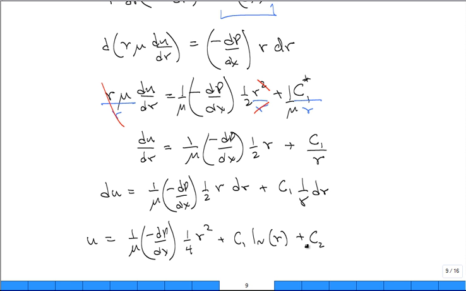I have a second order equation, so I have 2 constants. What are my boundary conditions? u at r equals 0 is equal to the maximum, u max, and u at capital R is equal to 0, no slip.